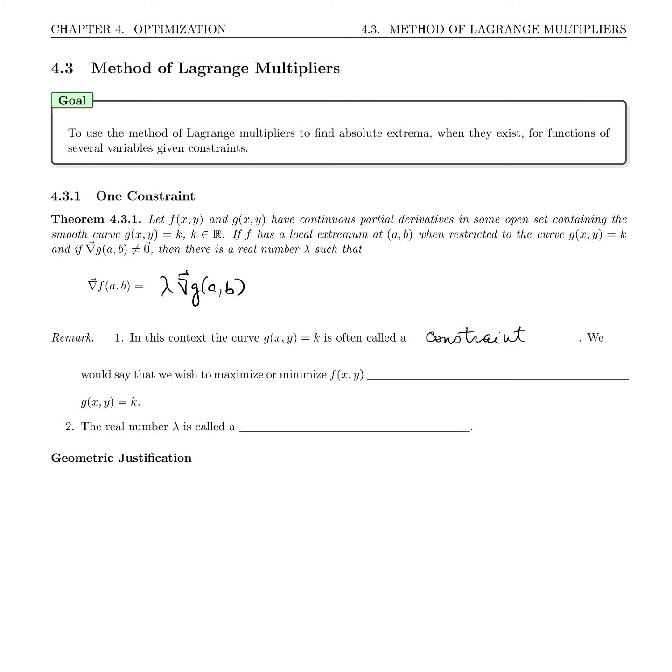Typically, we would say that we want to maximize or minimize f subject to the constraint g(x,y) = k. The real number lambda is what is called a Lagrange multiplier.